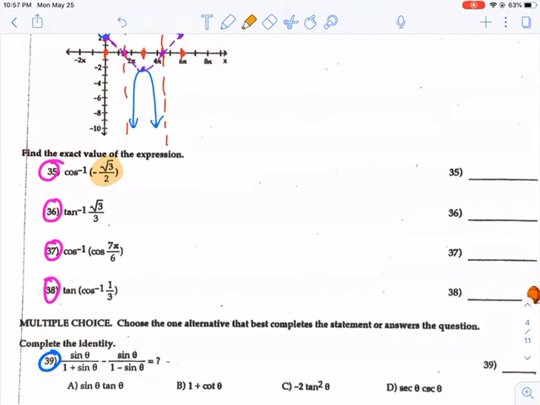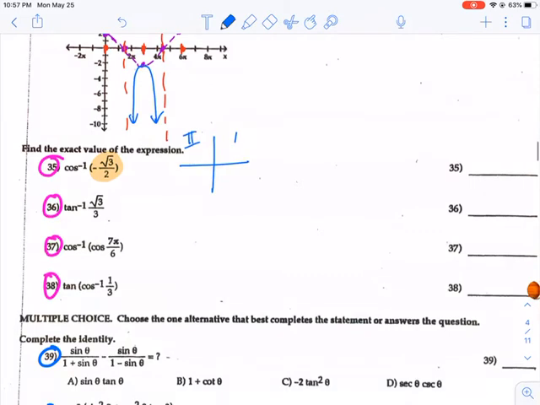Okay, and 35 in the case of negative rad 3/2. Well, inverse cosine is limited to quadrants 1 or 2. Okay, if it's negative, that tells me I'm in quadrant 2. So what you're doing is looking in quadrant 2, and you can just look at your unit circle. Where do you have an x coordinate of negative rad 3/2 in the second quadrant?